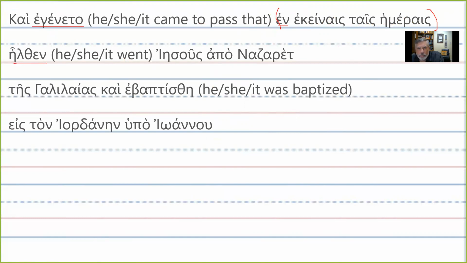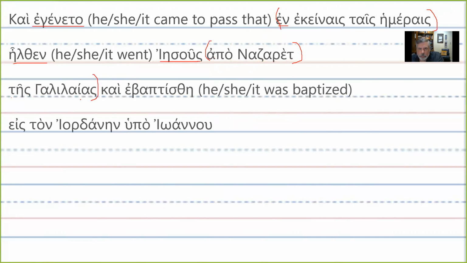Here's another verb: elthen, he, she, or it went. And then I have Jesus, and another preposition here. Apo Nazareth, that would be from Nazareth. And this is probably part of that prepositional phrase.